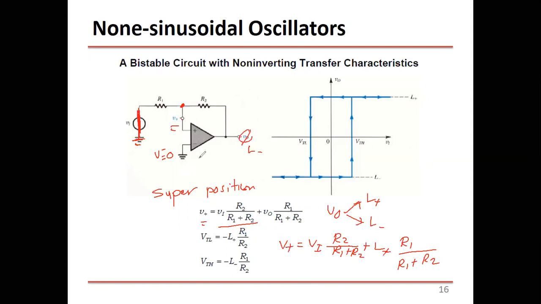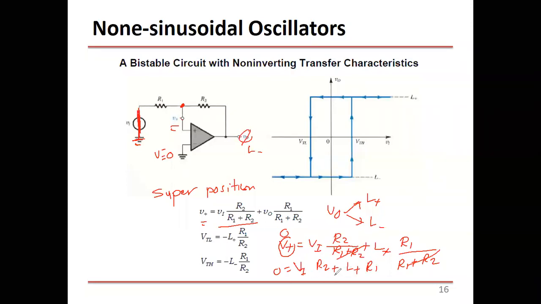Now, the transition is going to happen when V plus crosses 0. So if we substitute V plus with 0, this is going to give you the V input at the threshold, sorry, at the low threshold. If you substitute V plus with 0, you can just delete the denominators, and you will have 0 equals V input times R2 plus L plus times R1.